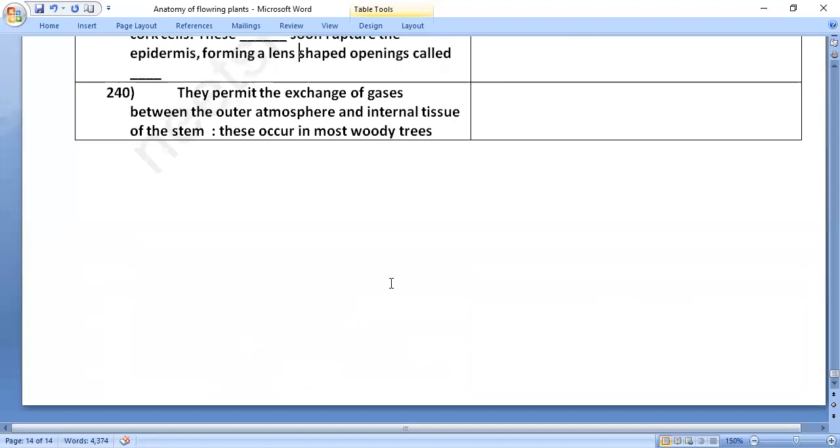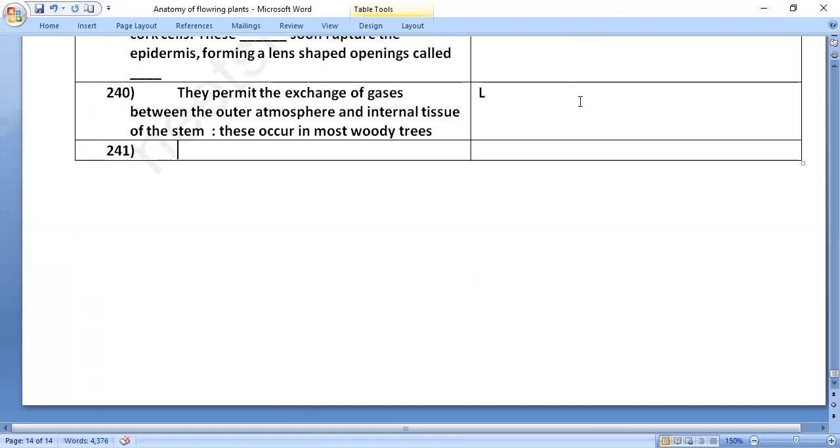They permit the exchange of gases between the outer atmosphere and the internal tissue of the stem. These occur in most woody trees.